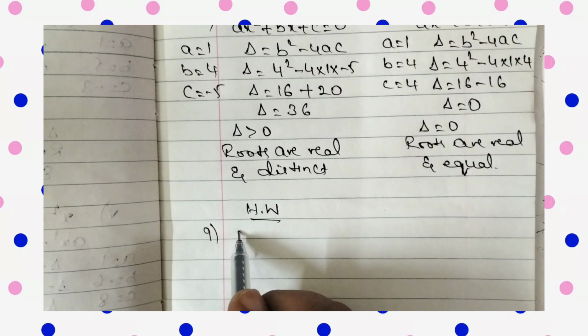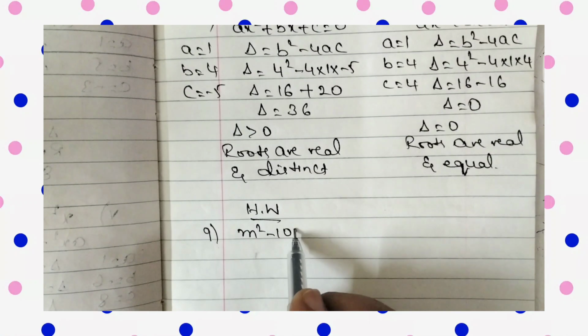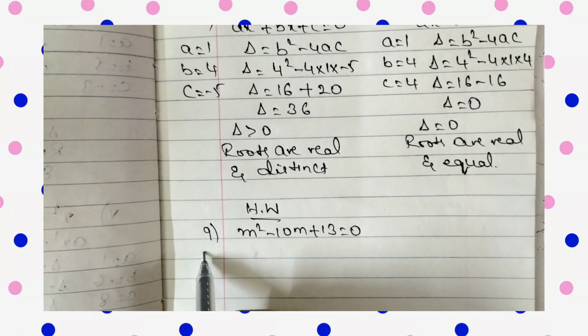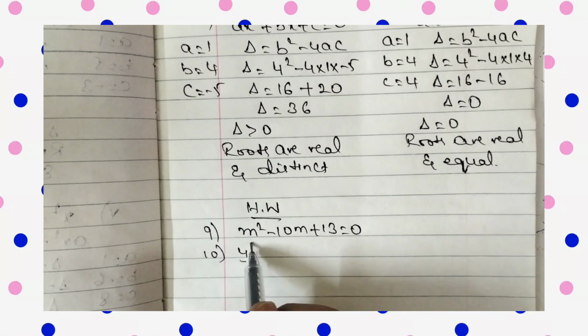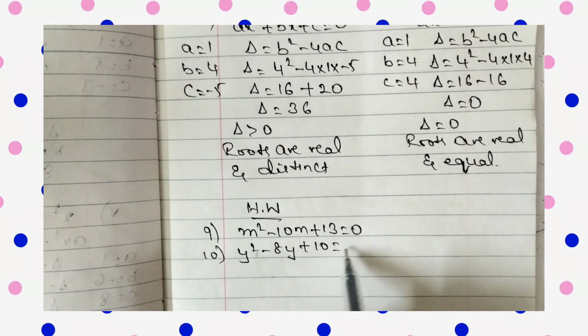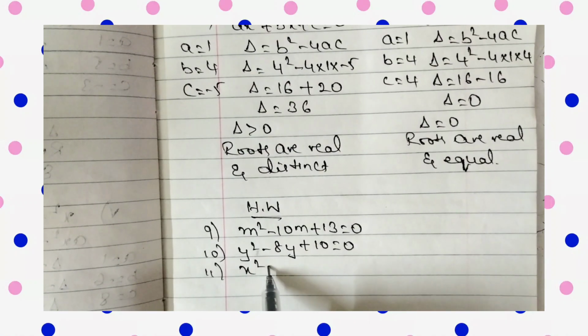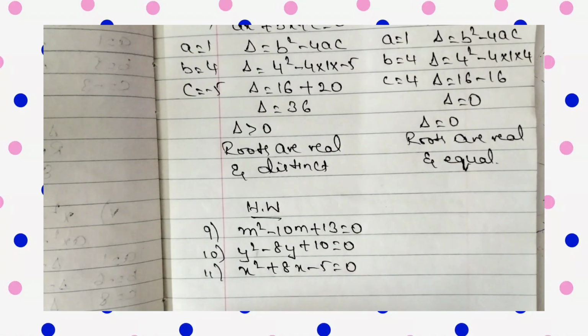Question number 9 is m square minus 10m plus 13 is equal to 0. Then question number 10, y square minus 8y plus 10 is equal to 0. Then question number 11, x square plus 8x minus 5 is equal to 0.